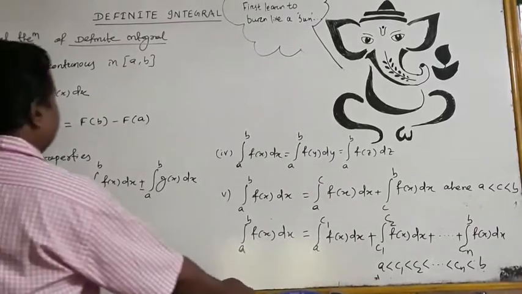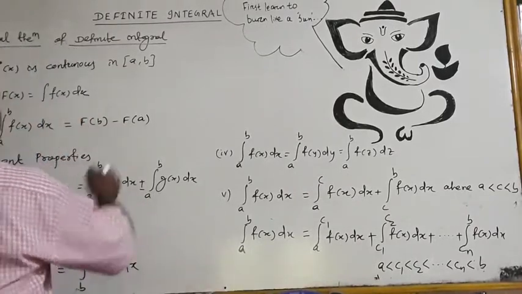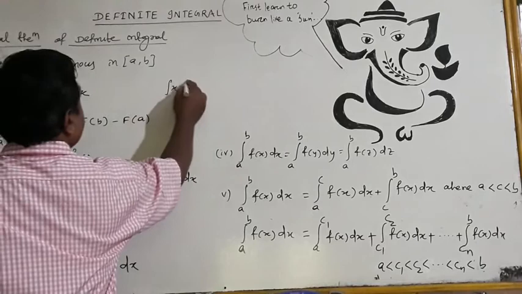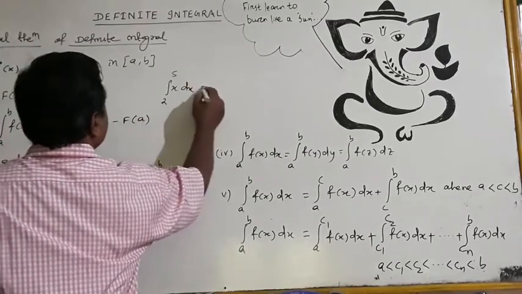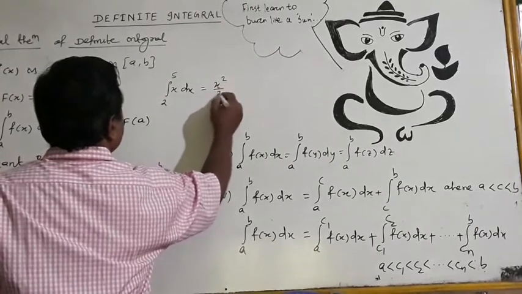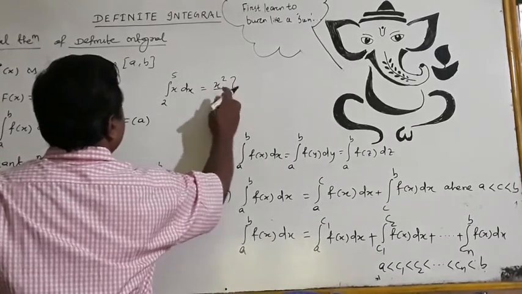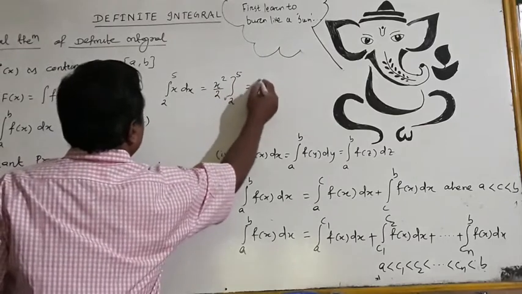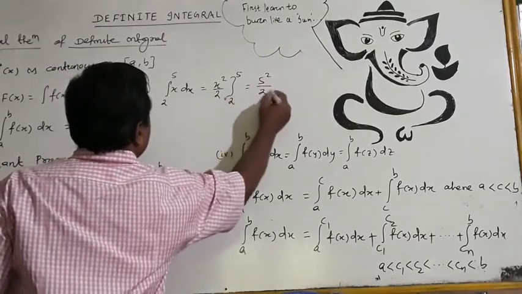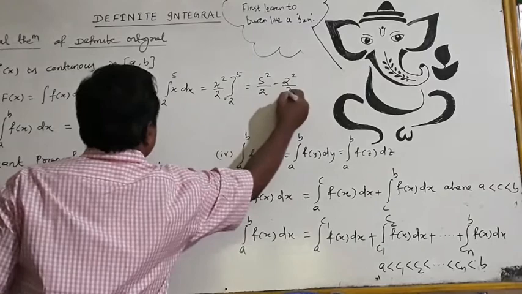Suppose I am taking the integration of x dx from 2 to 5. Then what is the result? It is x square by 2. Then what you will do? From 2 to 5, you put 5 square by 2 minus 2 square by 2.